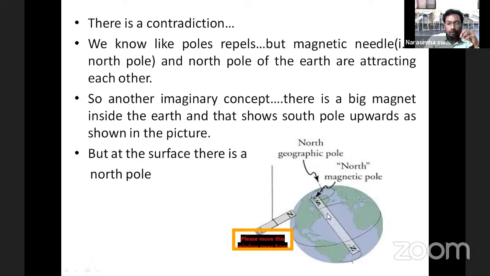So we can conclude that on the surface of the Earth it is showing north pole, but inside the Earth, we are thinking, as an imaginary concept, that there is a big magnet inside which shows south pole upwards. So that's why our magnetic needle is attracting towards this. So on the surface, it is just a north pole. Okay, so this is the concept.